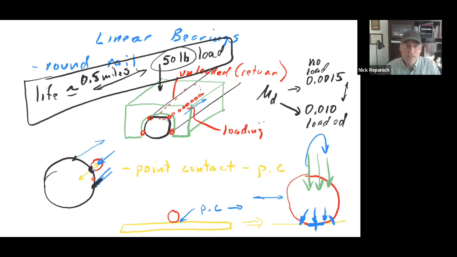So they have to rate it somehow in distance, because that's what linear bearings do, not rotations. And so it's in kilometers or miles or feet or something, but it's a long life. And so typically you say, oh, that's a half mile at 50 pounds. It might be 500 miles at 5 pounds. It is not a linear relationship, this load and life.